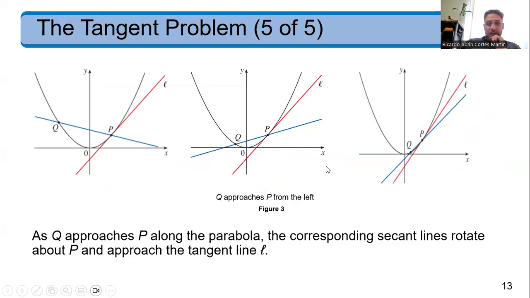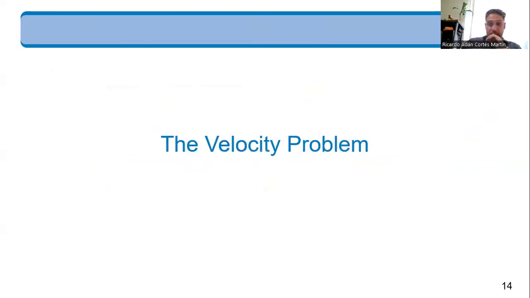And it doesn't matter if we use a value of Q that is over here. We can also get the value of the tangent. So that's the way that we are going to get the tangent.